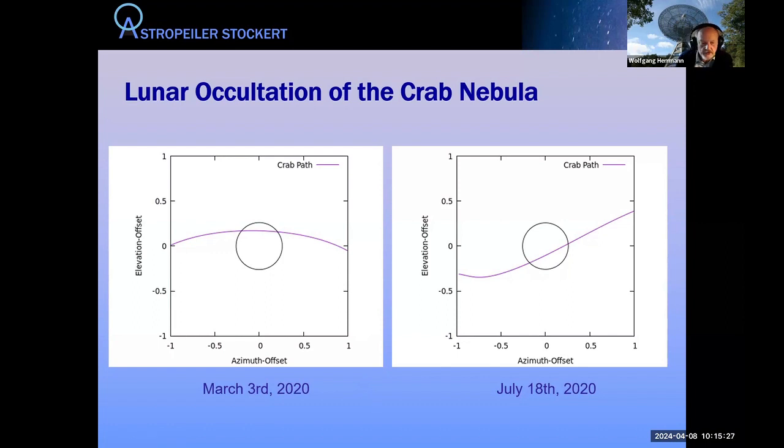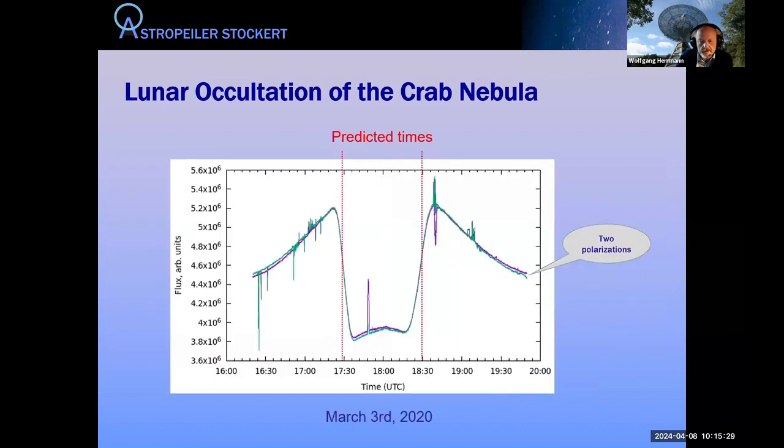Okay, what did we observe? This is the recording of the overall signal. That's the total power signal. Actually, there are two, which you can see. These are our two polarizations, so we use both polarizations. Then you see a lot of stuff around here, which is unfortunate, the usual thing that you have RFI.